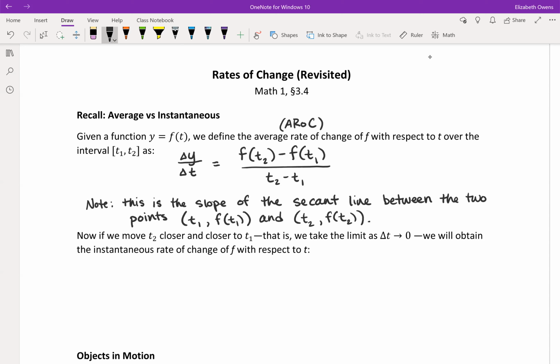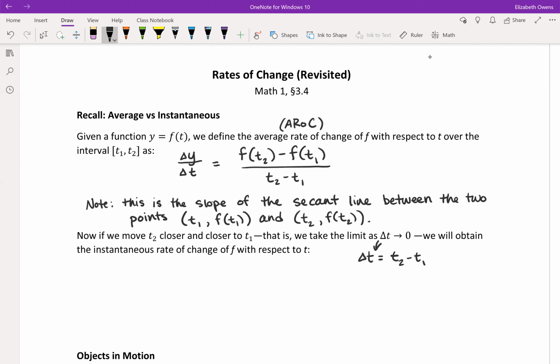So we're going to take a limit as delta t approaches 0. Delta t being our change in t, so that is t2 minus t1. And we want that difference between those two values to go to nothing, essentially. So the points come right on top of each other.